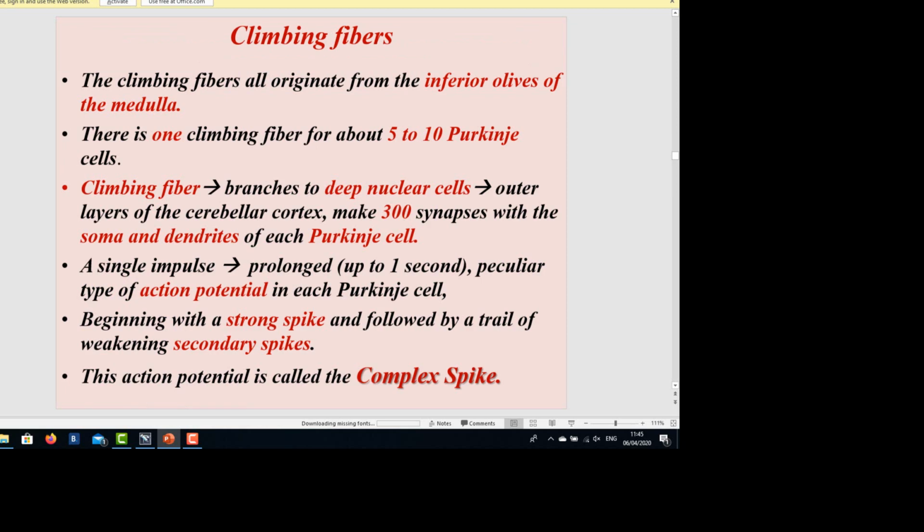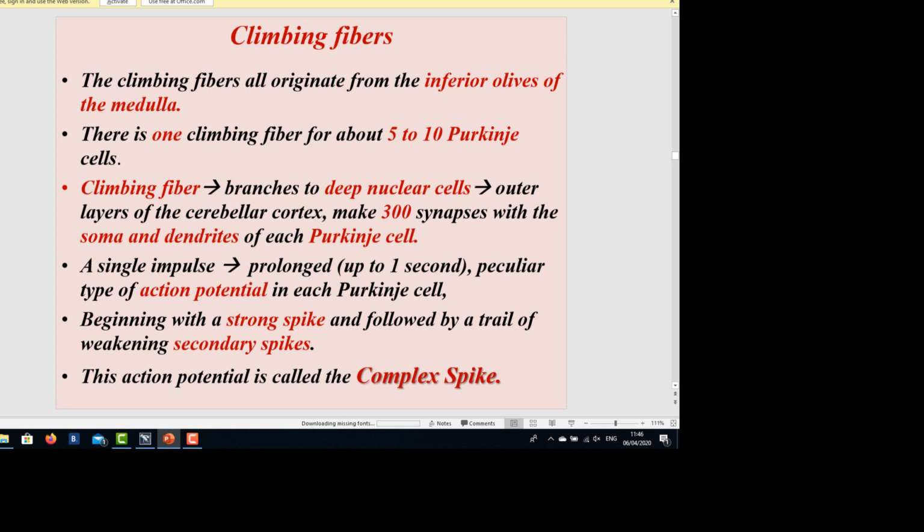Climbing fibers all originate from the inferior olives of the medulla. There is one climbing fiber for about 5 to 10 Purkinje cells. The climbing fiber branches to deep nuclear cells and outer layers of cerebellar cortex, and makes 300 synapses with the soma and dendrites of each Purkinje cell.